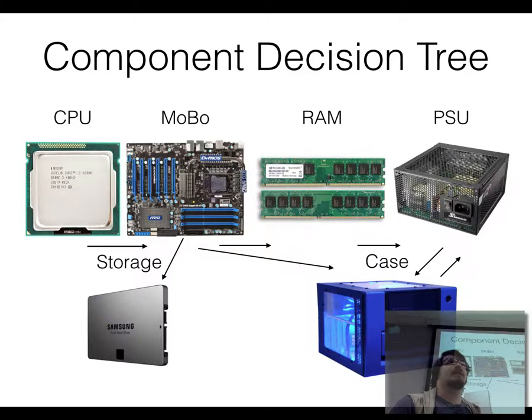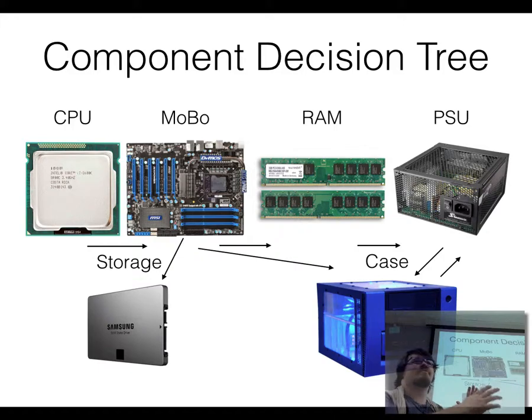Like there's mini ITX and there's ATX motherboards, so you basically have to know what motherboard you have in order to buy the other stuff. And once you know all the different components you're going to have hooked up to it, you can purchase a power supply for your computer depending on the amount of power you're going to need to draw, like the wattage. Any questions?